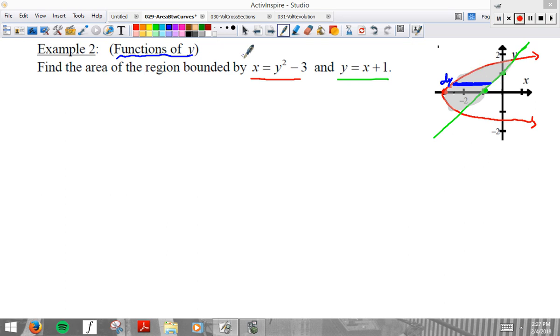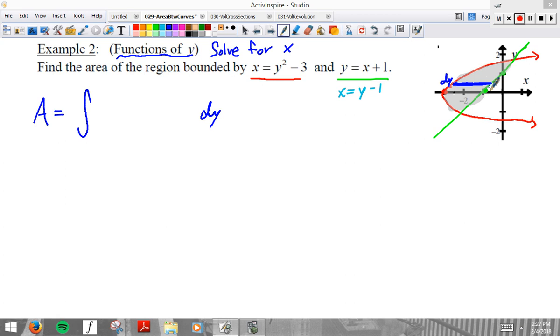So as soon as you see functions of y, or you see a dy, you have to solve for x. You need to make both functions clearly functions of y. Our parabola already is. We'd have to make our line into it. X equals y minus 1. This is crucial because that dy will mean that all of the stuff inside our integral has to have y in it. It cannot have x.